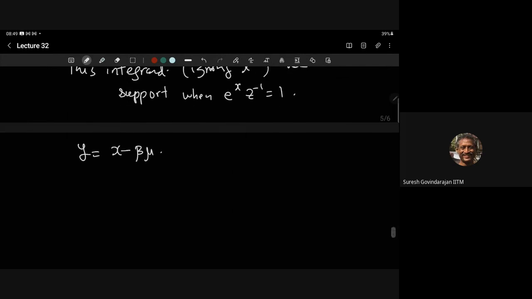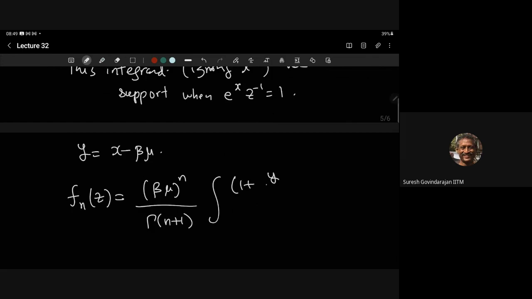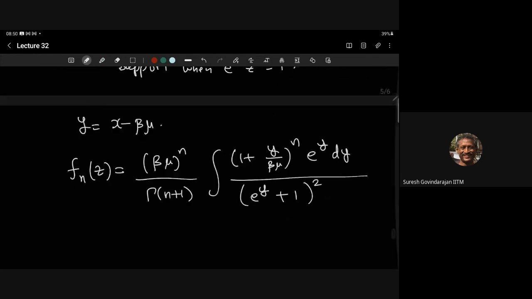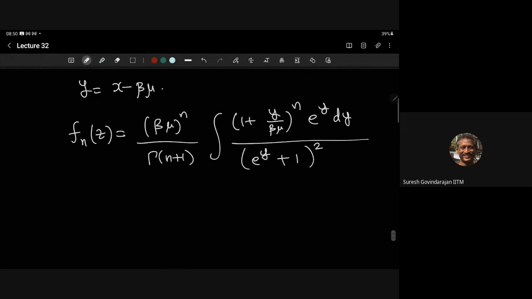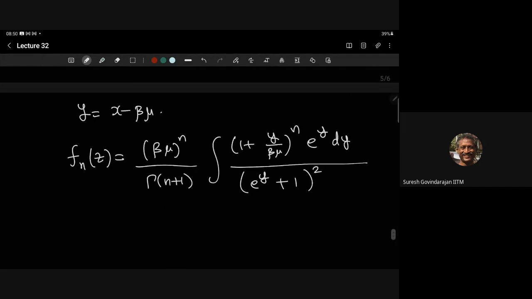Then what you will get is F_n, and it is just a simple change of integration variable. Now is where the symmetry is much more obvious.